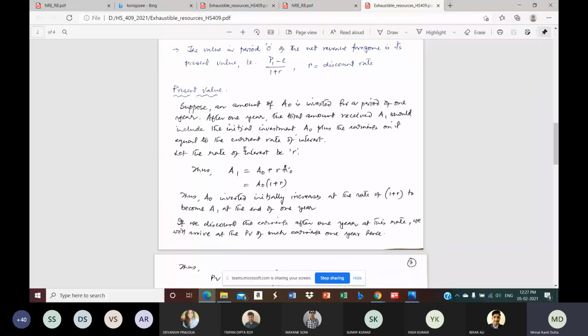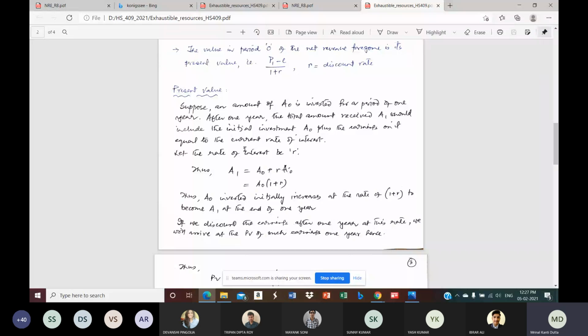Now, if you define or estimate the present value like this, then you can rewrite or reinterpret the things that we have talked about already regarding the exhaustible resources. What we can do here is write an equation for the return for the seller, who will be selling a unit today.